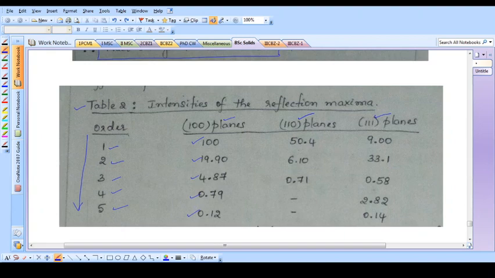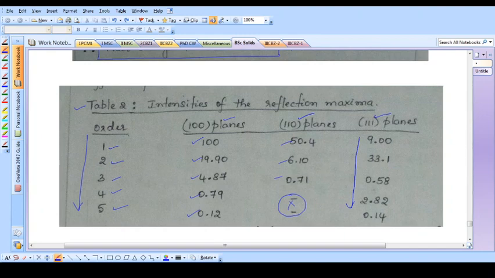Similarly, you have the intensities of the X-rays reflected from 110 plane corresponding to first order, second order, third order. We don't have data for fourth and fifth order. Similarly, the last column gives the intensity of the spots corresponding to first order up to fifth order reflection for a 111 plane.